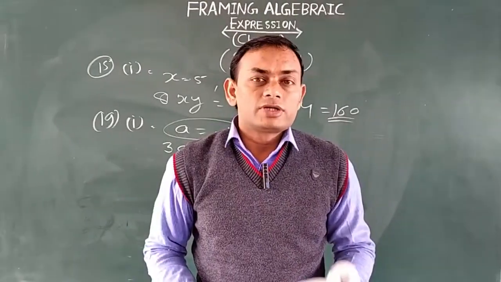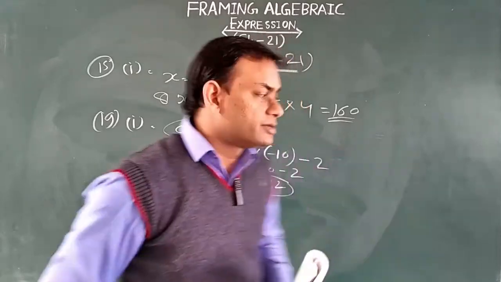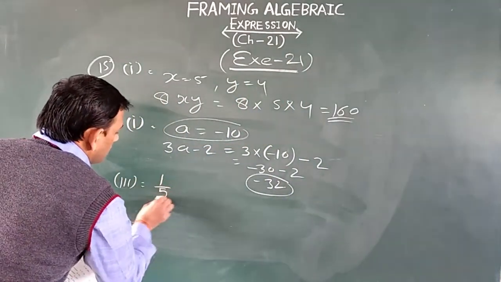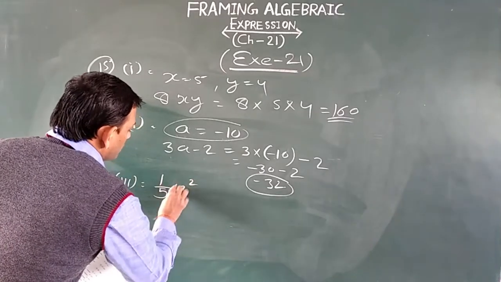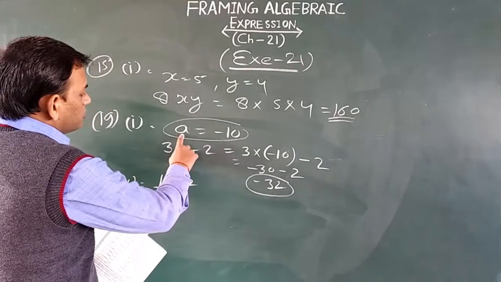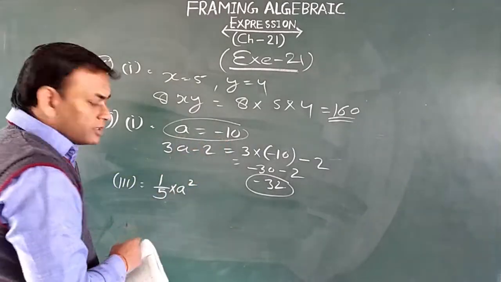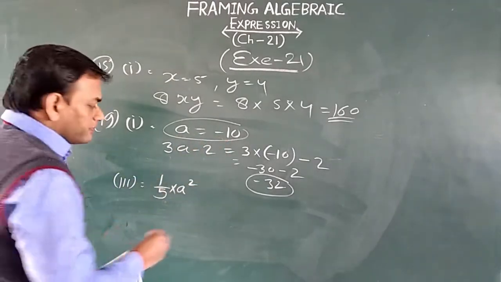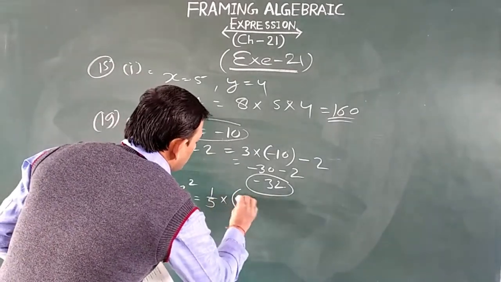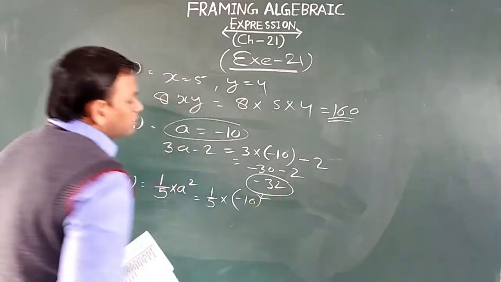After that I am just going to tell you the third part of question number 19. So this is the third part of question number 19, 1 upon 5 a square. So how do you find the value of 1 upon 5 a square? You will put the value of a, that is minus 10, in this algebraic expression. So it will be 1 upon 5 multiplied by minus 10 square.